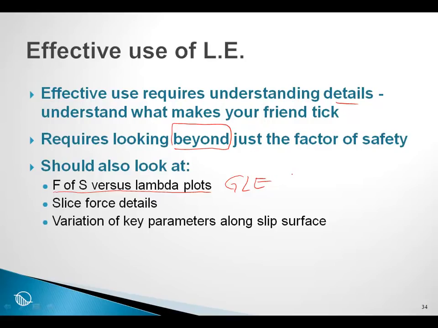We have looked at view slice force information. Take a look at some of the slice force details. And also, as we will see later on, it is possible to plot various key parameters along the slip surface. This is also very useful in helping you to interpret the results of SLOPE/W.